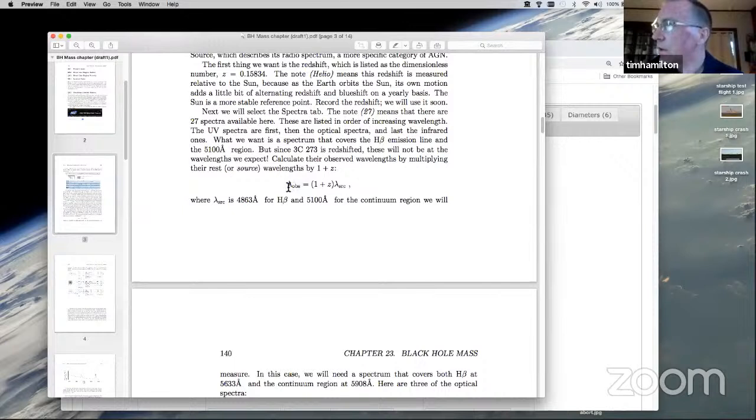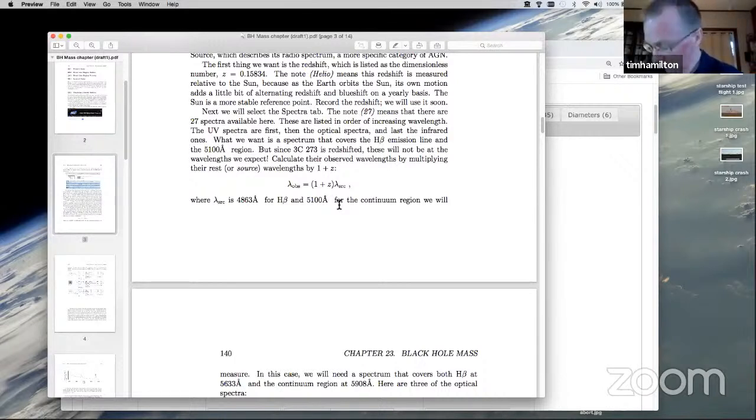Now, in this case, source is 4863 angstroms for H beta and 5100 angstroms for the continuum region. So we're going to need a spectrum that covers both of these. We get out the calculator. This one was at a redshift of 0.158, so 1 plus z is 1.158.